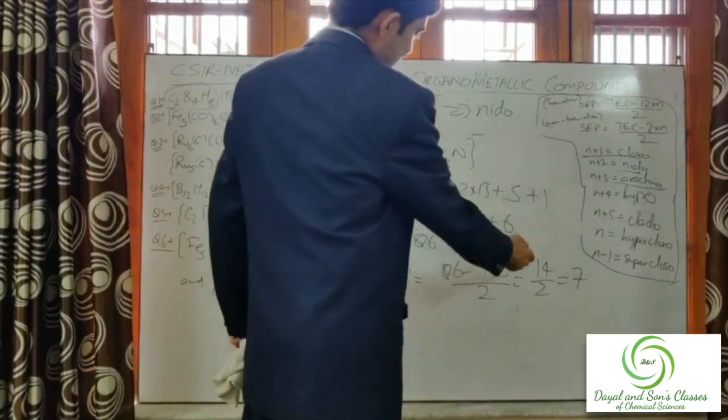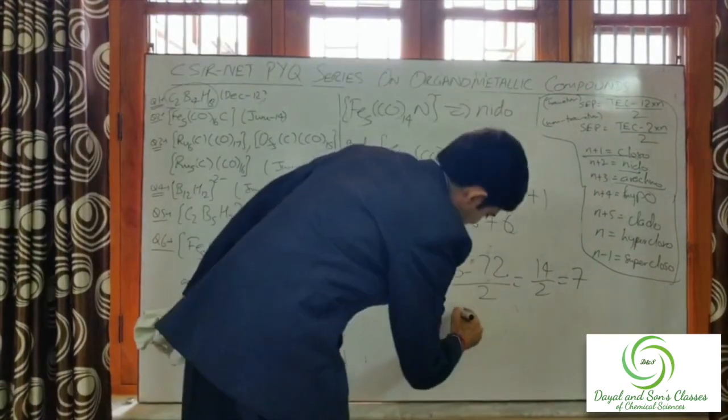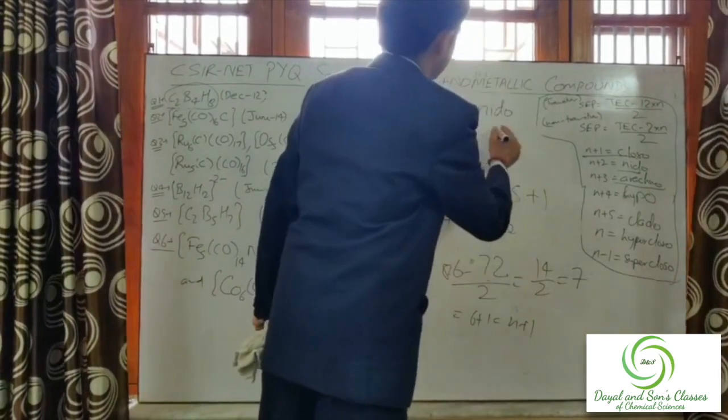The 86 minus 72 will give 14, 14 divided by 2 will give 7, and 7 can be written as 6 plus 1, that is equal to n plus 1.